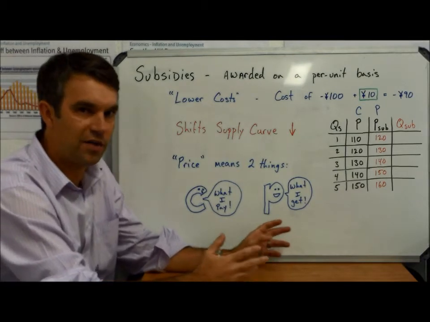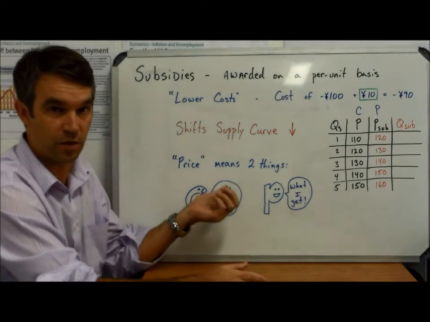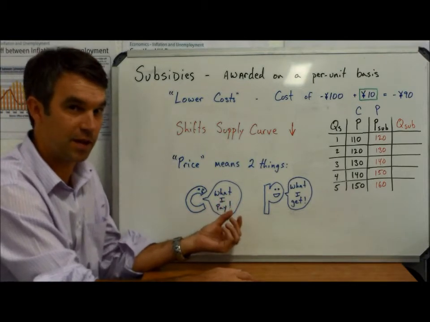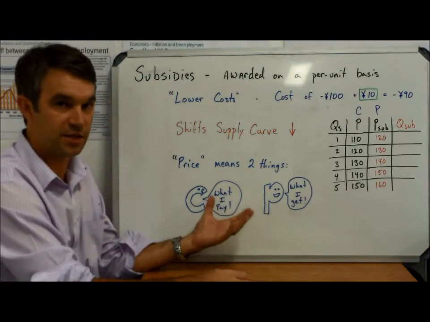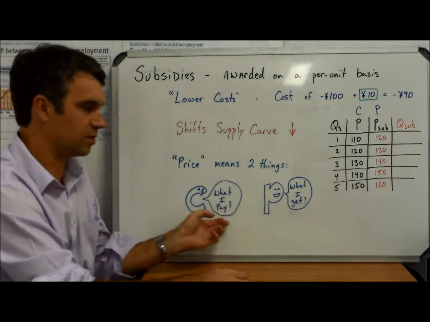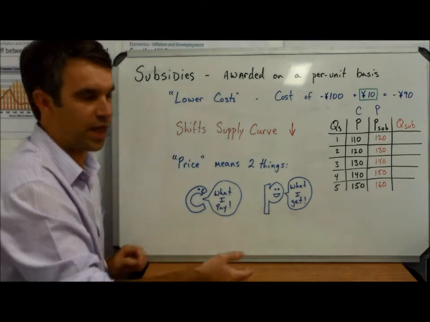So remember, without government intervention, price might mean two things to two different people, but the value of price is always going to be the same. Here, because the government is intervening, the value of the price is going to be different for consumers than it is going to be for producers. Let's go ahead and see what that means over here.